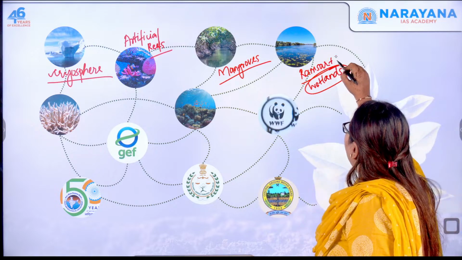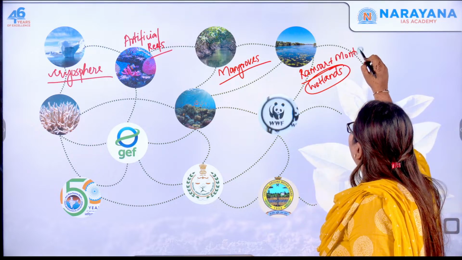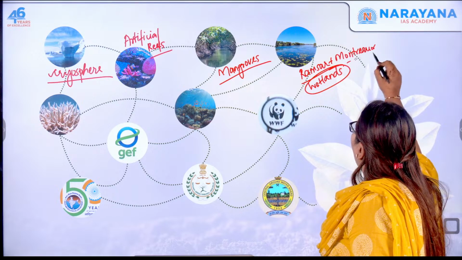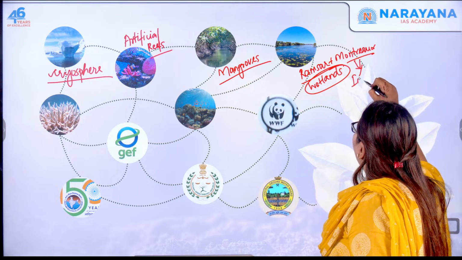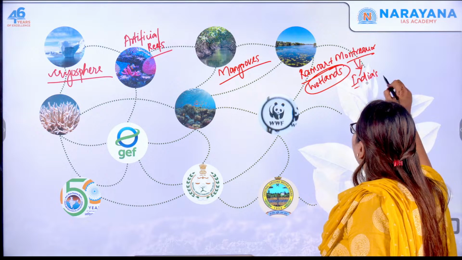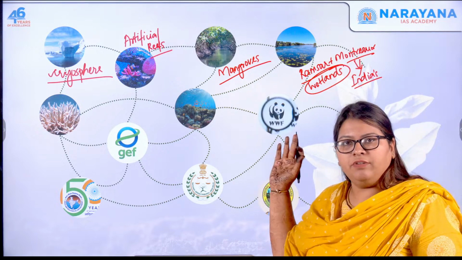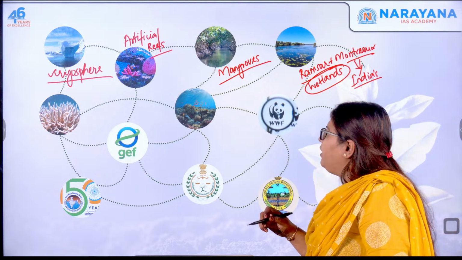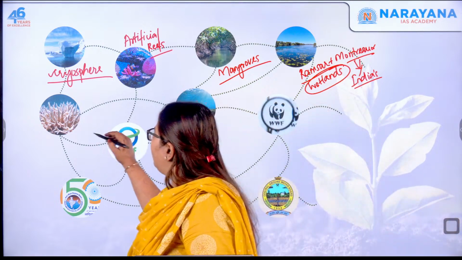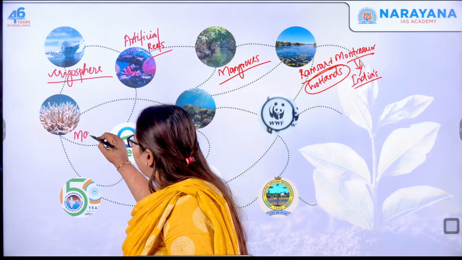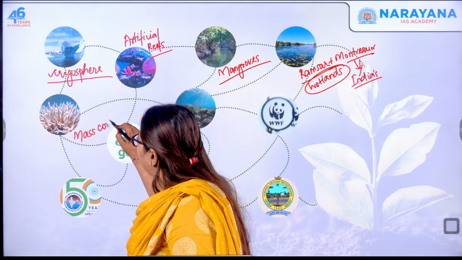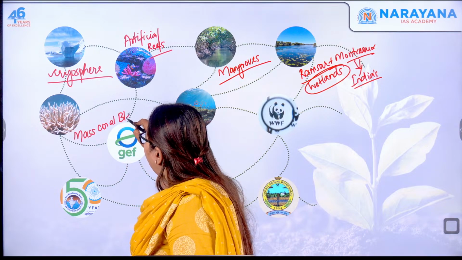And with this, we'll also be discussing about the Montreux records and what is the status of India's Ramsar sites, and which is the country which has the largest Ramsar sites all the time. All that we'll be discussing here. Moving forward, we will also be discussing about the coral reefs. So when it comes to coral reefs, we'll be discussing about mass coral bleaching.